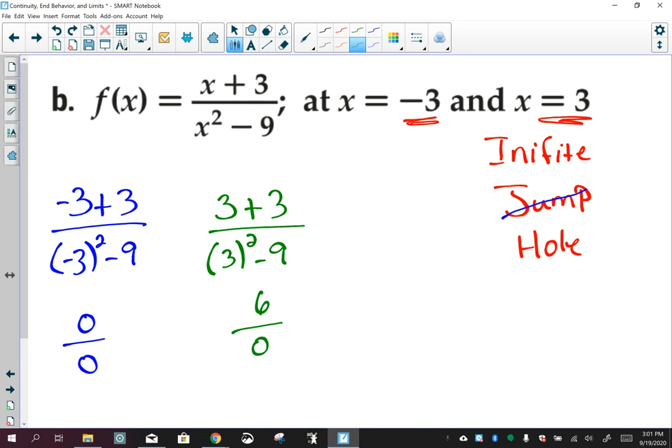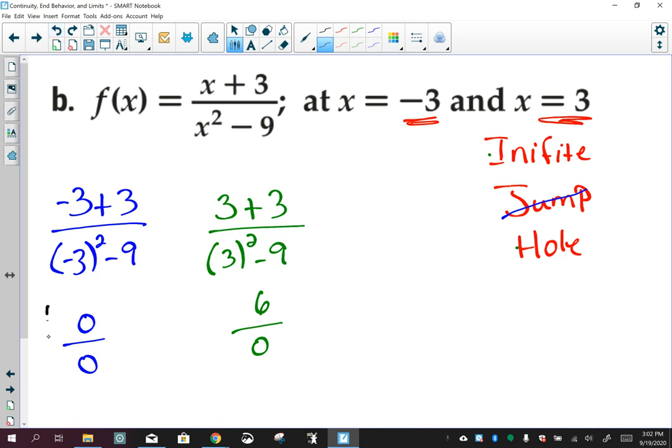Here's the good thing. You've done all the work that you need to. There's nothing else that you need to do. You just need to decide infinite, hole, or it's continuous. Well, we know that it's not continuous because you have a 0 here and here. Because you have that 0 here and there, it is not continuous. So you have some sort of discontinuity.